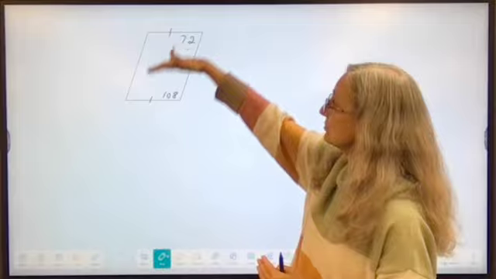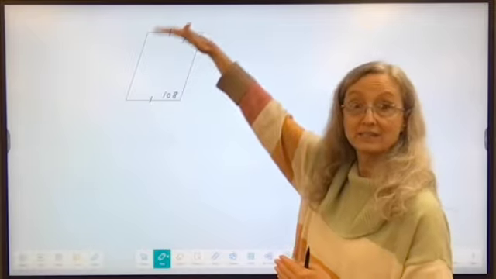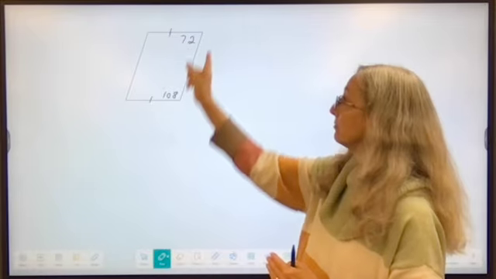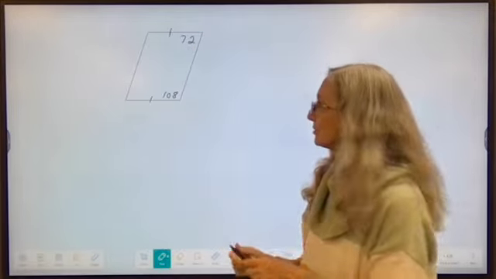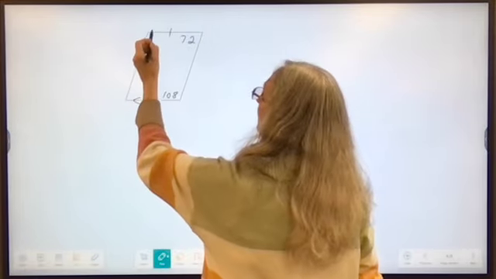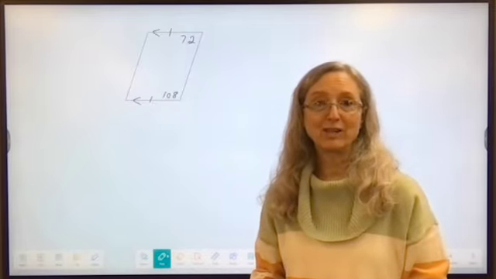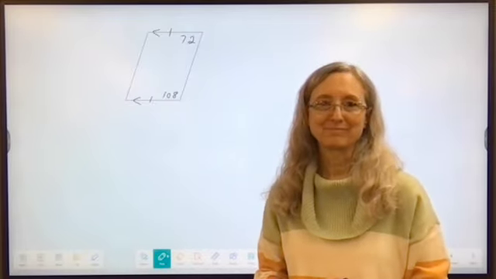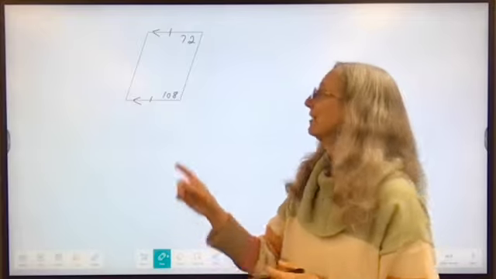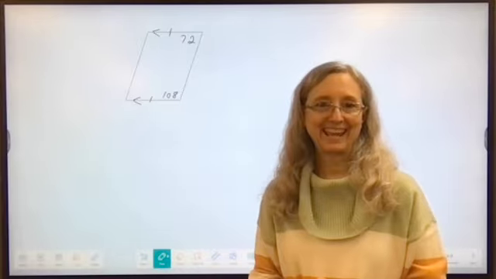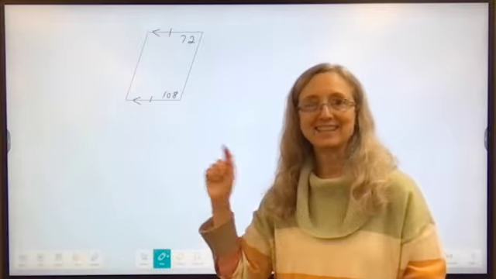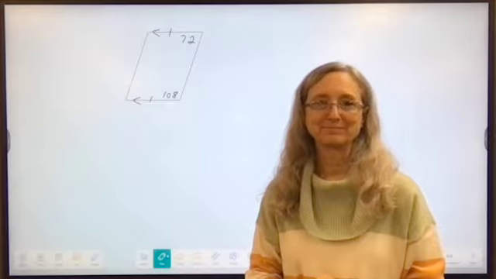That means these two lines are same side interior. These must be parallel, cut by this transversal. So now that we know, based on the angle measures, that those two sides are parallel, then that's enough. I have one pair that's both congruent and parallel. So yes, this is a parallelogram.